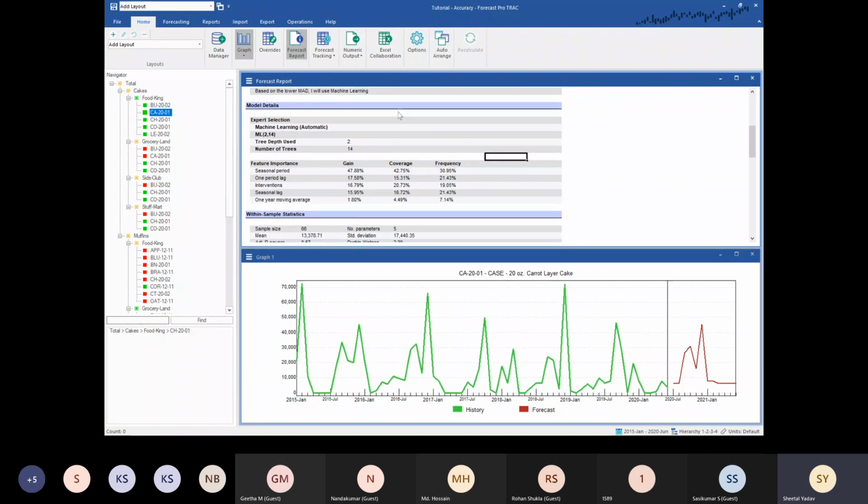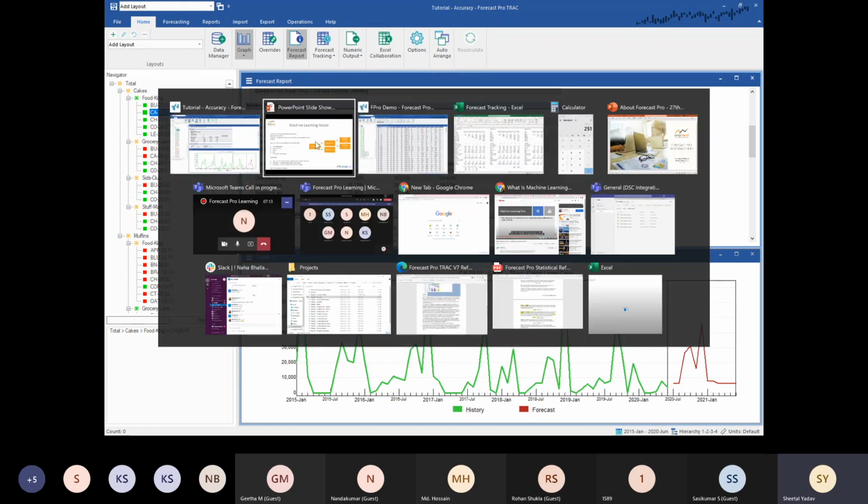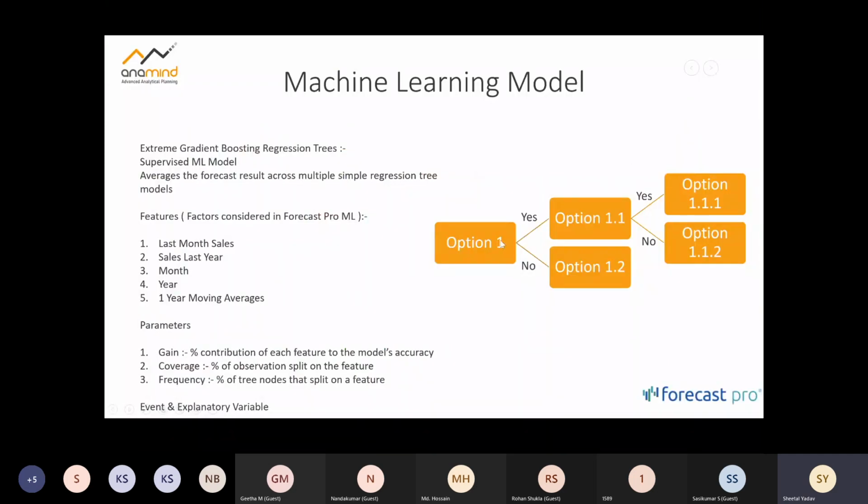So now when it uses the machine learning technique, you can see it depicts the tree depth and the number of trees used. Now, what is tree depth? Tree depth indicates how many branches, how many levels did it go through to arrive at the answer, to arrive at the results.